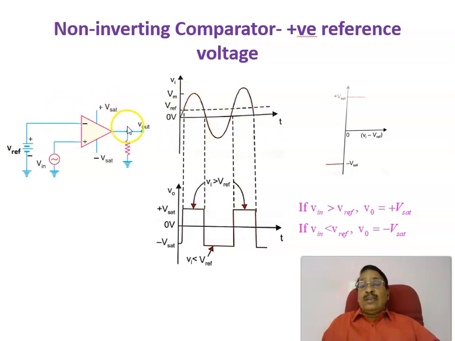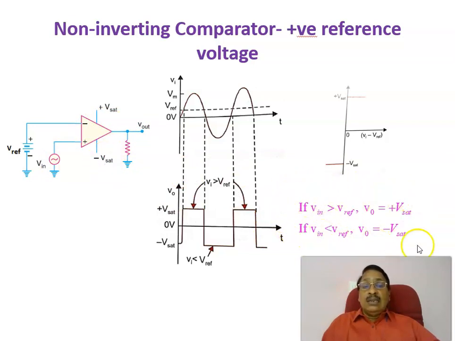The output V0 is equal to plus Vsat if Vi is more than Vreference. If the input voltage Vi is less than the reference voltage, the output voltage is equal to minus Vsat.